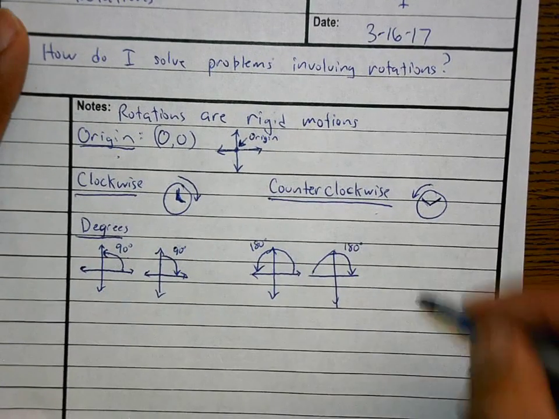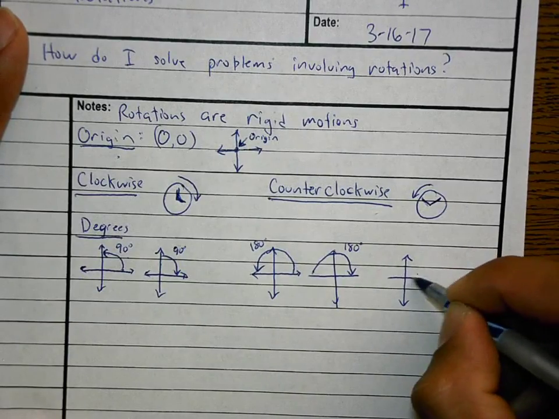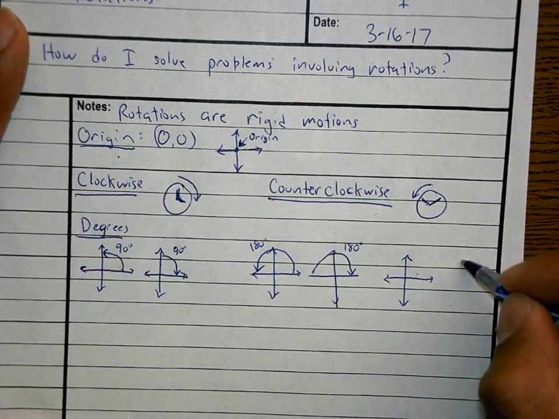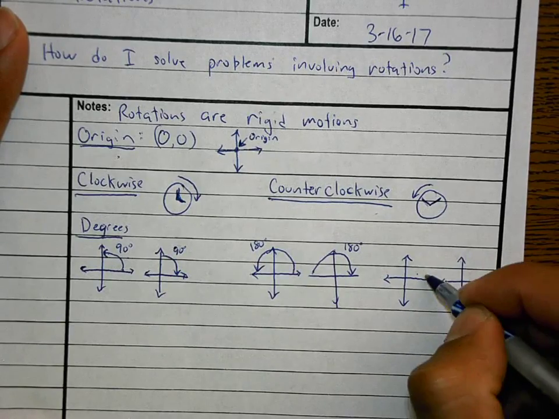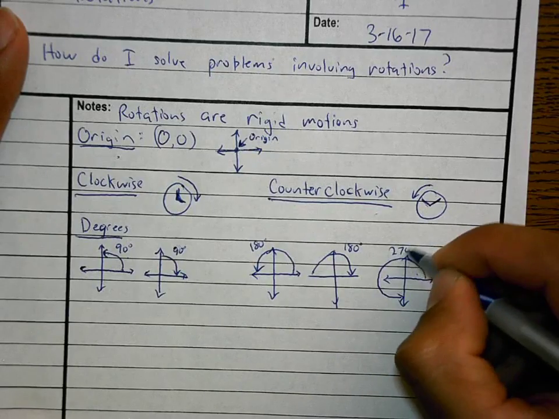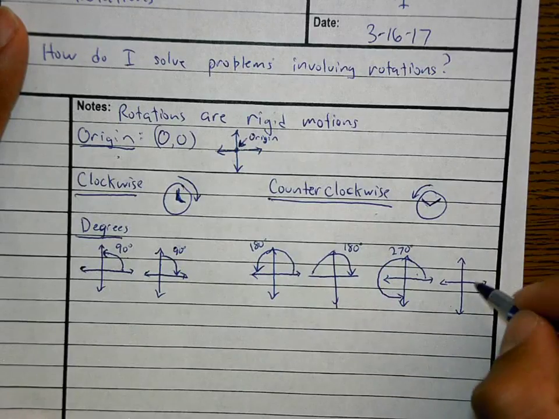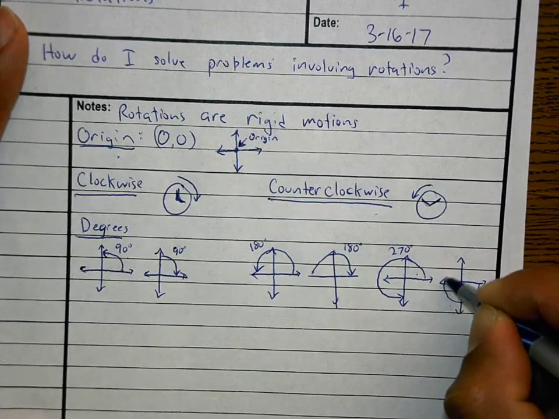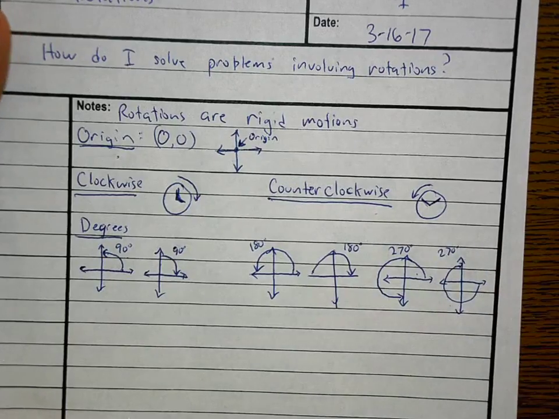The last one that we're going to do the example of is 270. If I went 270 degrees, I would go all the way around from here to there if I was going counterclockwise. And then if I was going clockwise, I would go this way, 270 degrees.